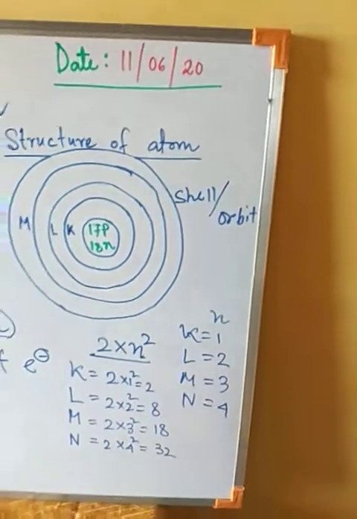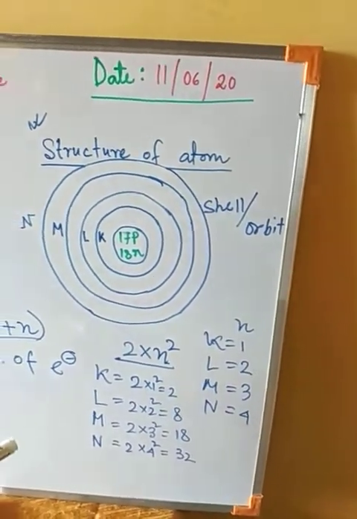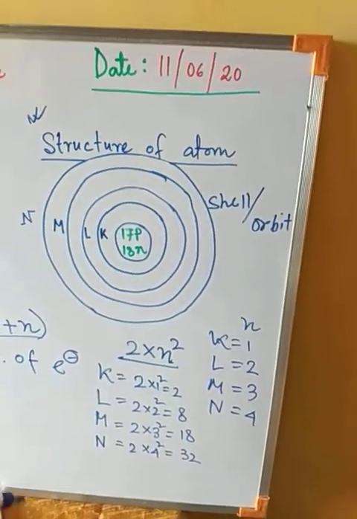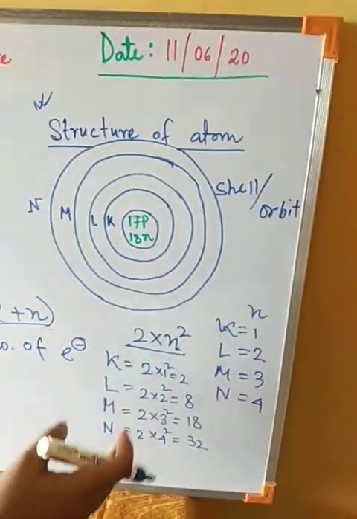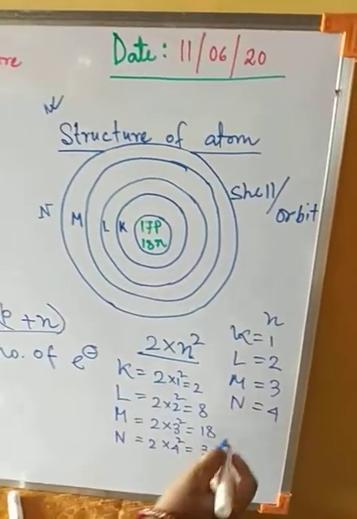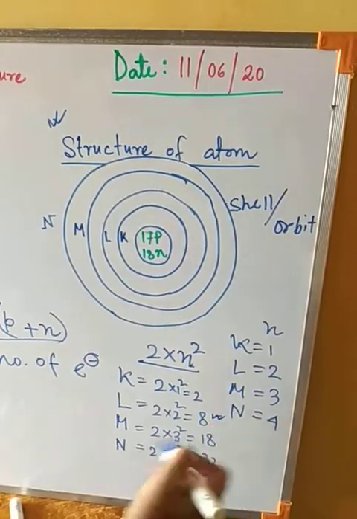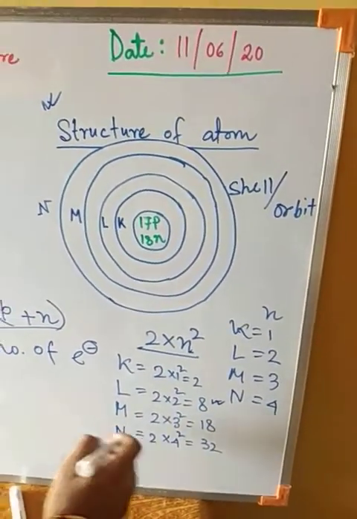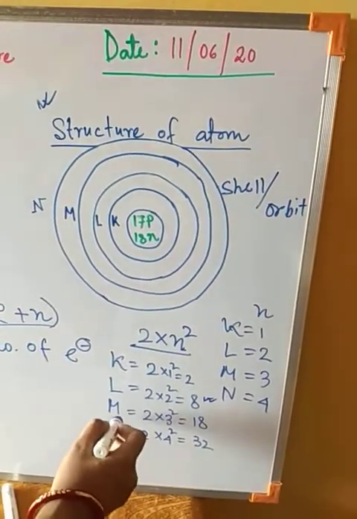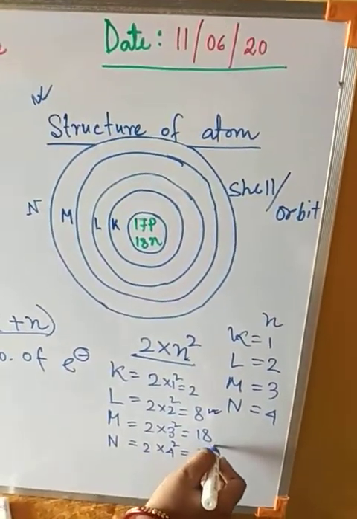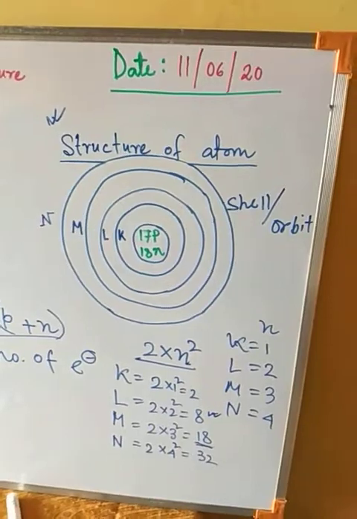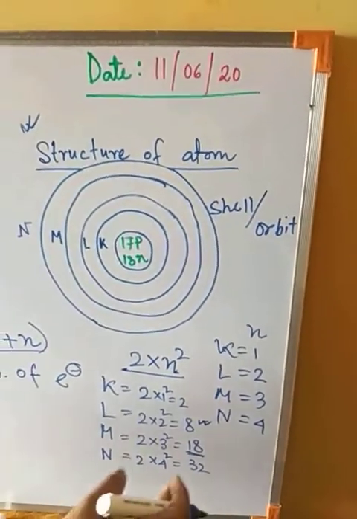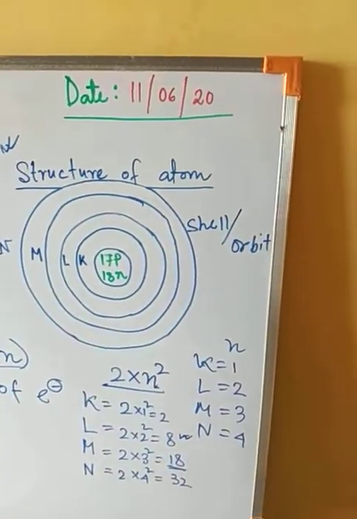So these are the maximum numbers of electrons which can reside in each shell. But when we do the structure, it will be more clear. If it is the last shell, like the L shell, the maximum number is 8 only, so no confusion is there. But if the last shell is the M shell, then though the capacity is 18, a maximum of 8 electrons only can reside there.